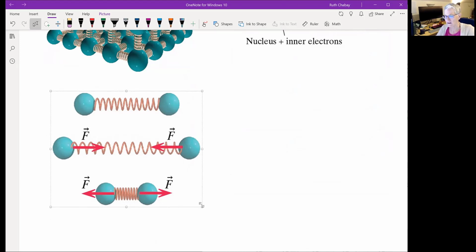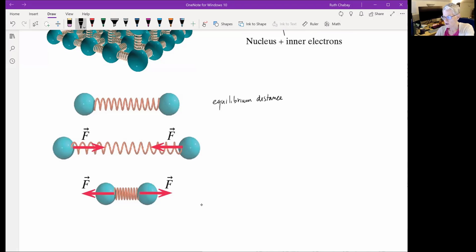But the basic idea is this: there's some equilibrium distance between these two atoms.